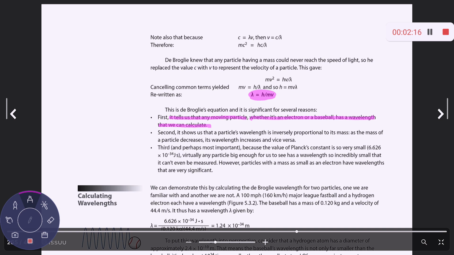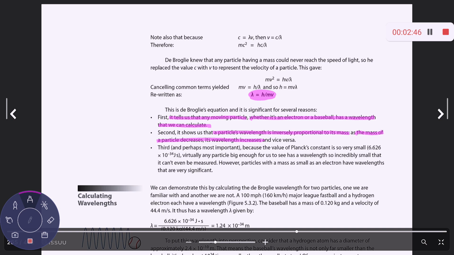So the smaller the particle mass, the larger the wavelength you will calculate. So things like electrons, which have masses so close to zero that we say they're zero, would have a huge wave-like property. Okay, so it says a particle's wavelength is inversely related to its mass. So as mass decreases, wavelength increases, and vice versa.